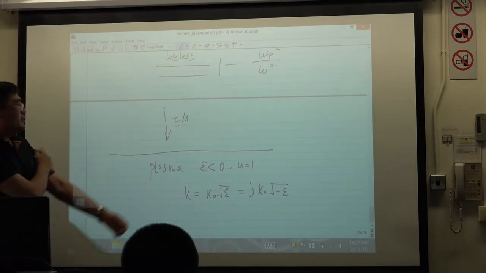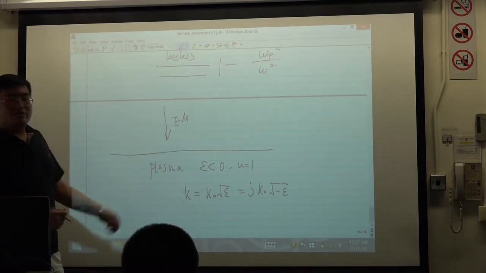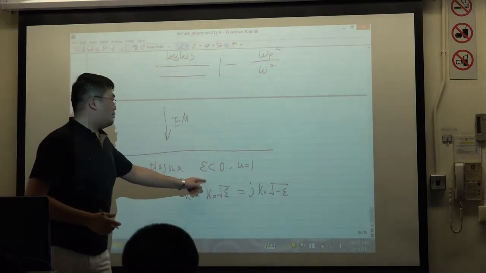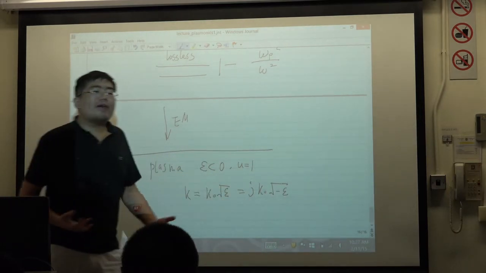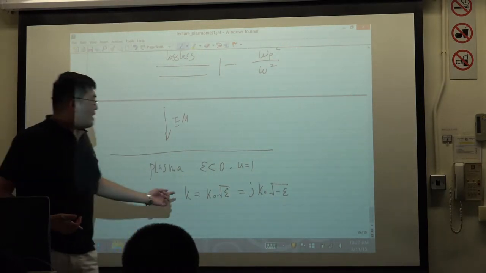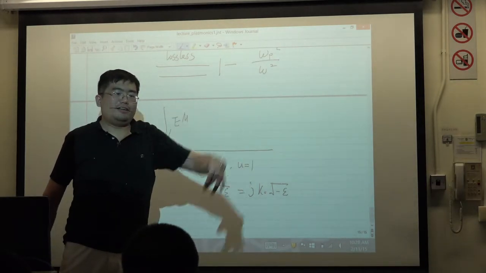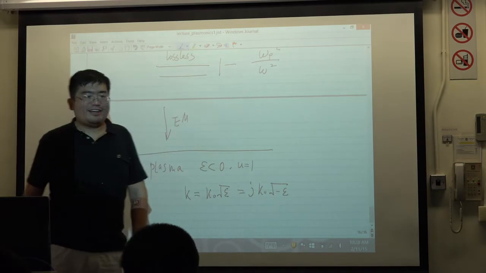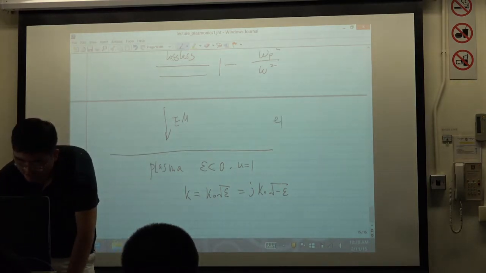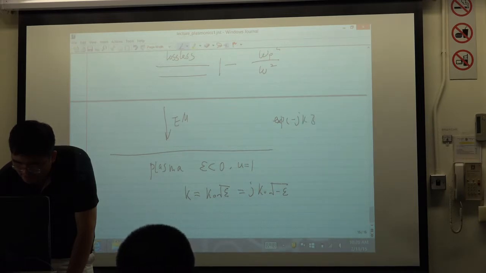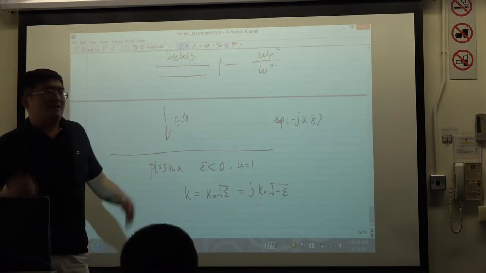If K becomes a complex number, the EM wave will decay, because the EM wave is exp of minus jKz.